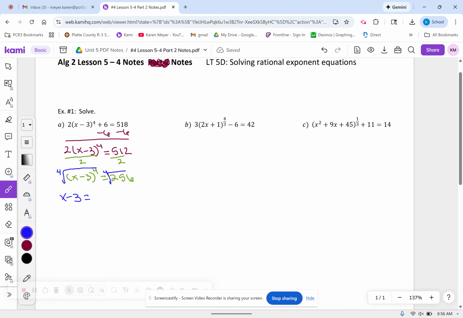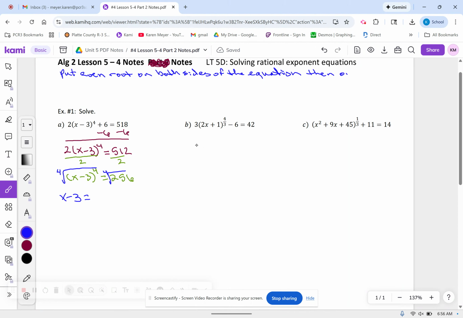So remember, whenever it's an even root, if you put an even root on both sides of the equation, what symbol do we have to put on the right side?